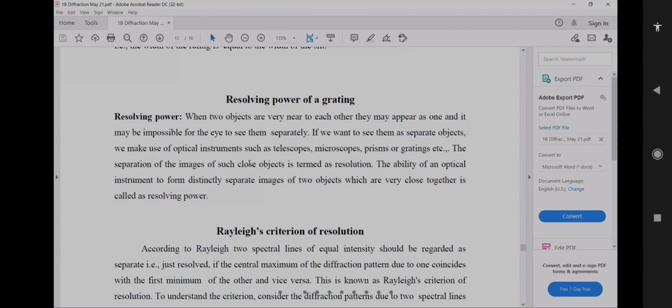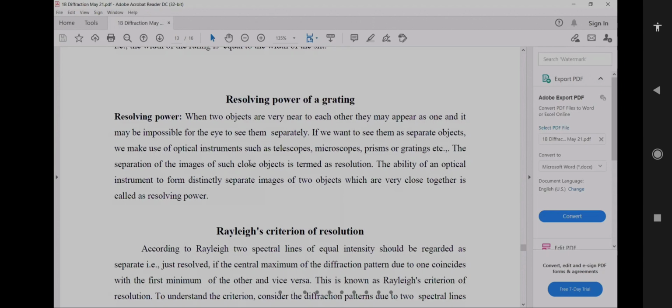So resolving power means when two objects are very near to each other, they appear as one, and it may be impossible for the eye to see them separately.